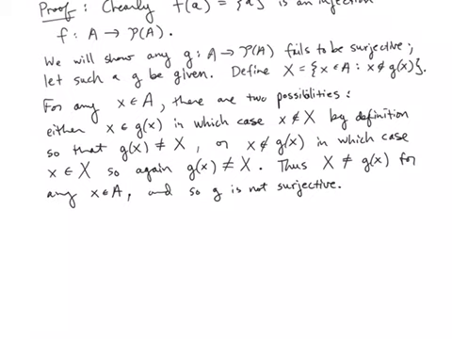So that's the whole proof. And then what we can do here is use this proposition to generate an infinite hierarchy of infinities. So you have the cardinality of the natural numbers. That's less than the cardinality of the power set of the natural numbers.